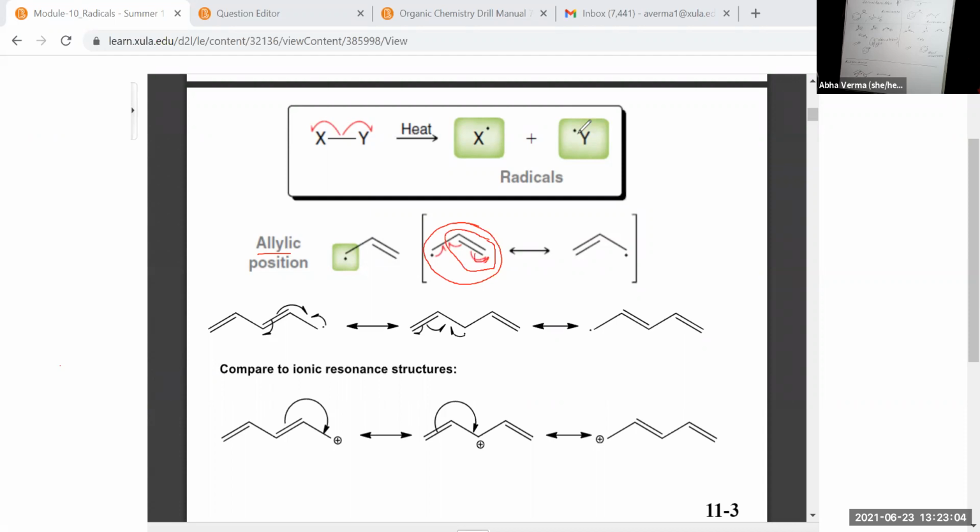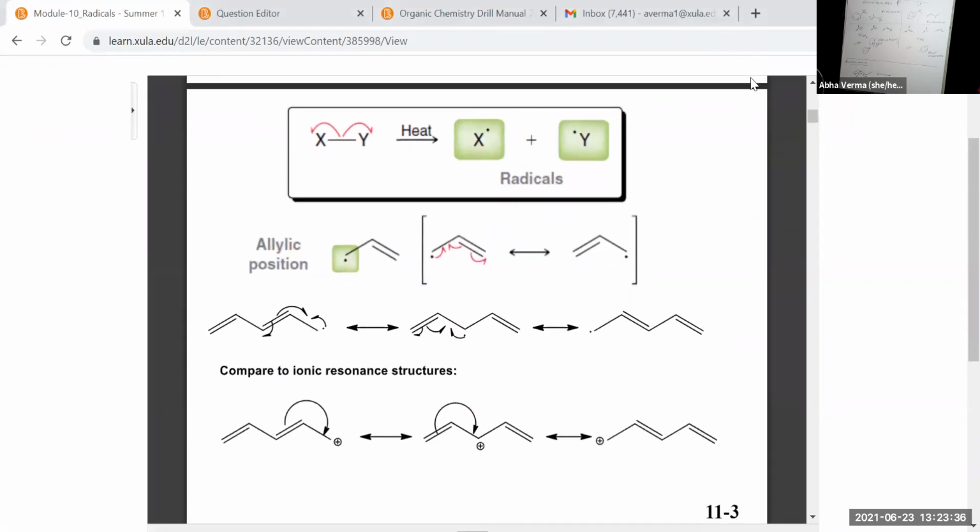One electron goes here, the other electron goes here. The radical electron right here also comes together to make a bond right here. So these are just a few more examples that you can look at and practice when you have your resonance practice, if you want to do that.